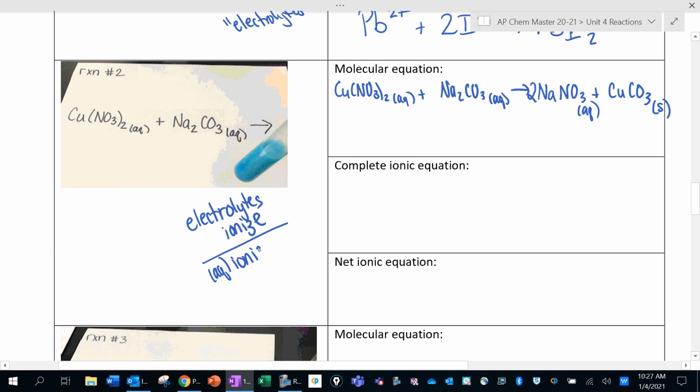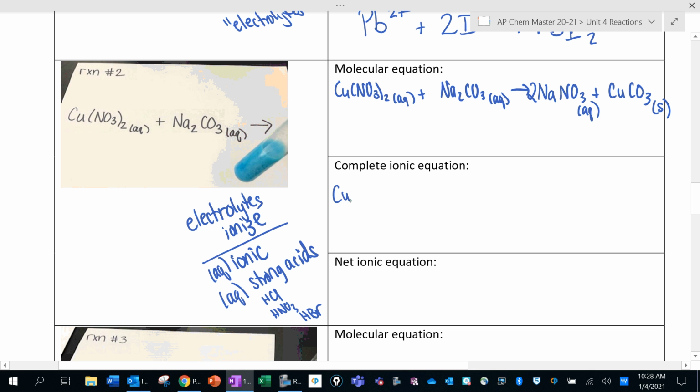So when an ionic compound dissolves in water, it's going to split into ions. And then also strong acids. And on your reference sheet, there's a list of what the acids are. So they're things like HCl, HNO3, HBr. They all start with H. So this one, we don't have any acids, but we do have some aqueous ionic compounds.